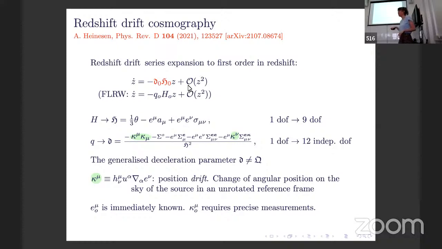Right. So this is very convenient, because the direction vector is something that we measure directly, and have access to immediately.